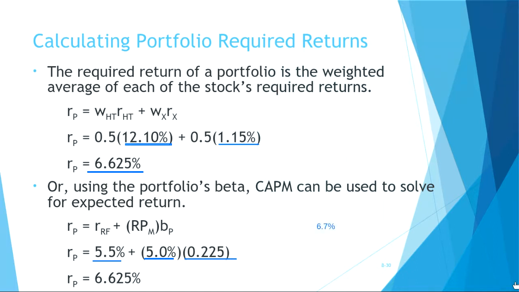Sorry, let me say once again. Expected return is 6.7 and required return 6.62. So is it undervalued or overvalued?